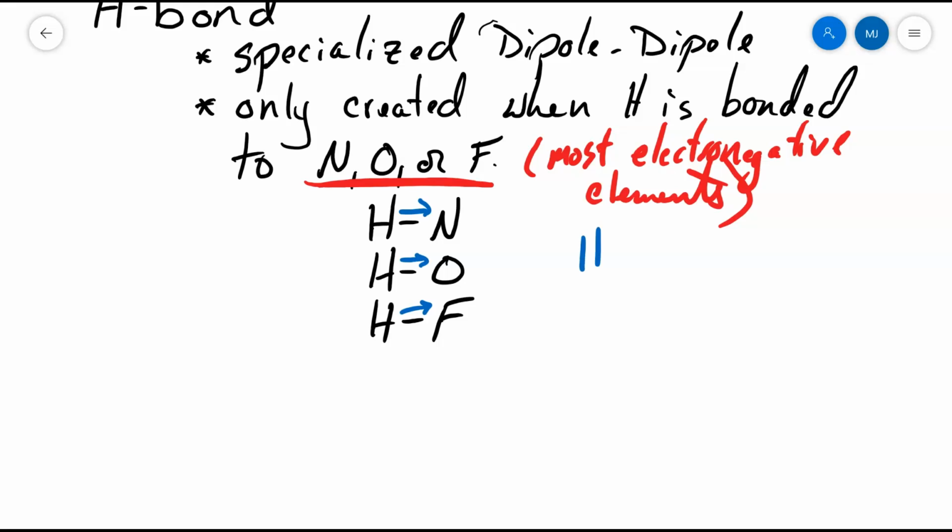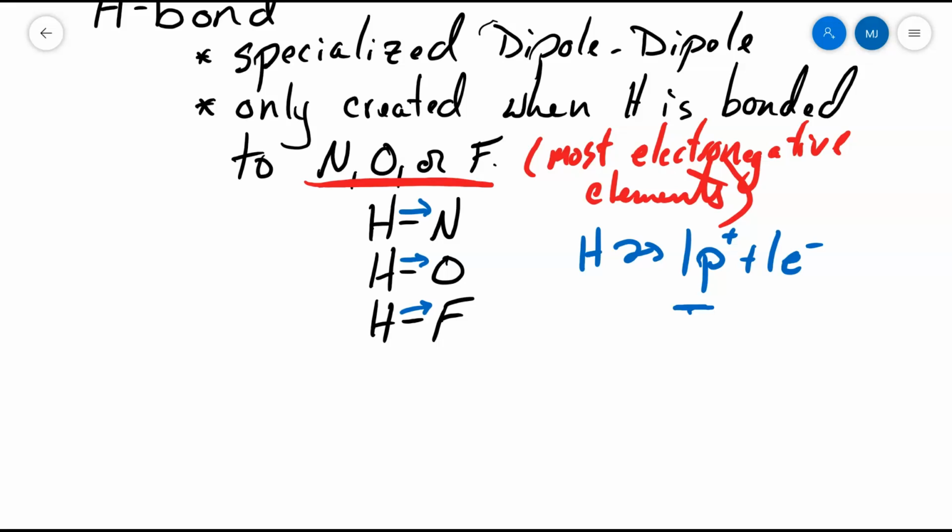Well, hydrogen starts with one proton plus one electron. So if you only start with one electron, you go to share electrons and the atom you bond with pulls them away from you. You're left with just your proton sitting there.